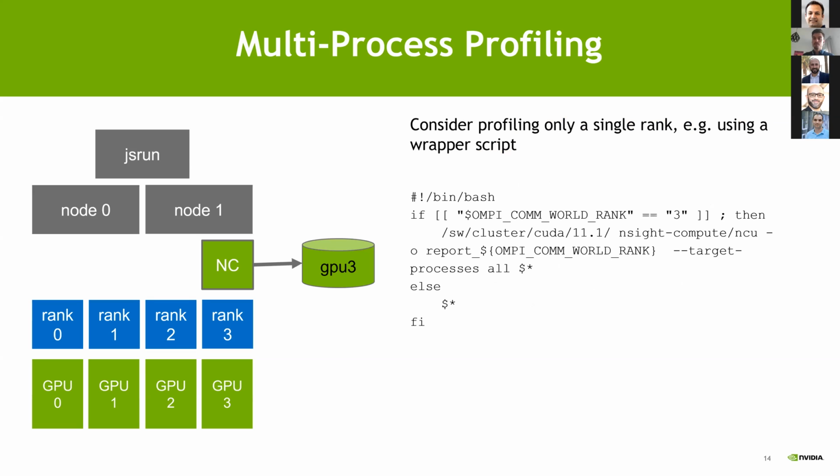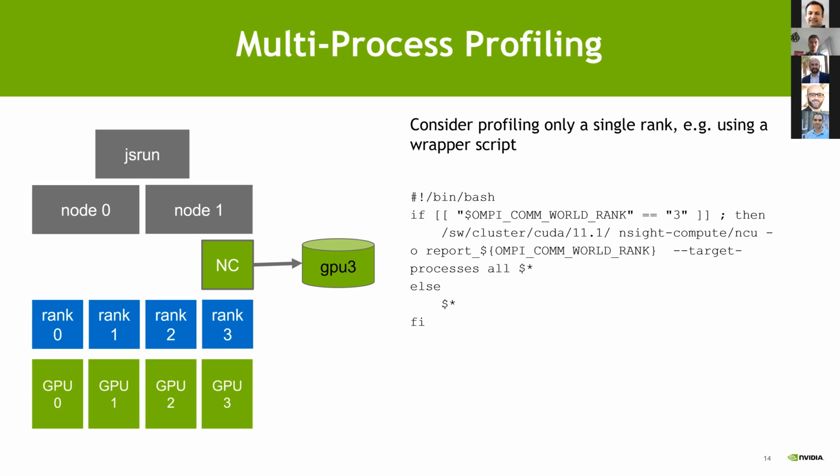And then you might just want to consider profiling only a single rank using something like a wrapper script. For example, because all your ranks do the same compute, right? They run on the same kind of data, on the same type of GPUs, have the same workload.